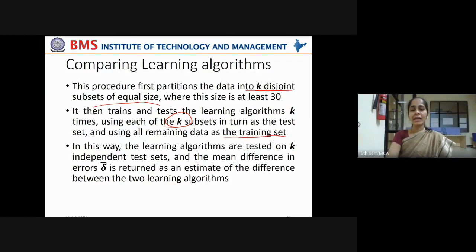In this way, the learning algorithms are tested on k independent test sets. There is no overlapping between the test sets. All are clear partitions, and in each iteration, one partition is taken as the test set.